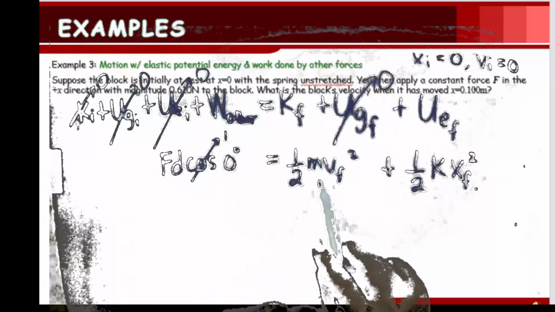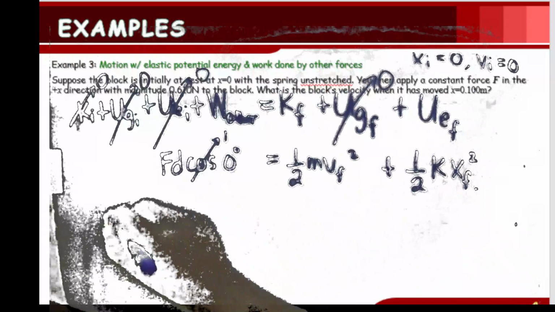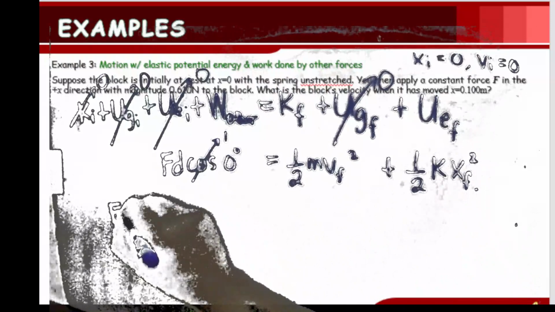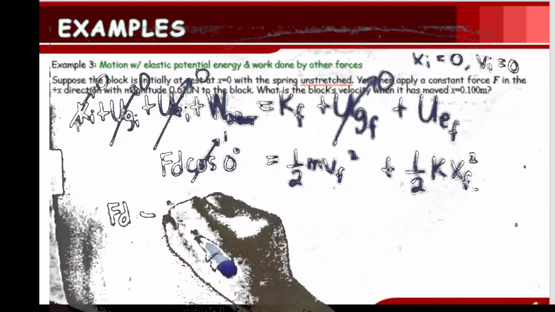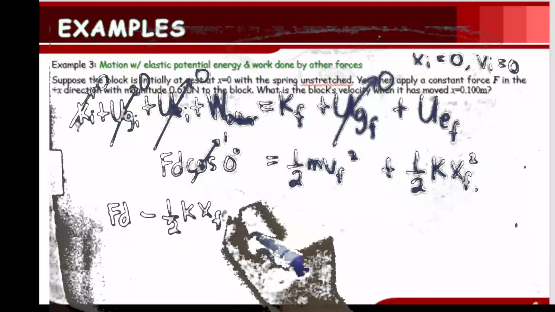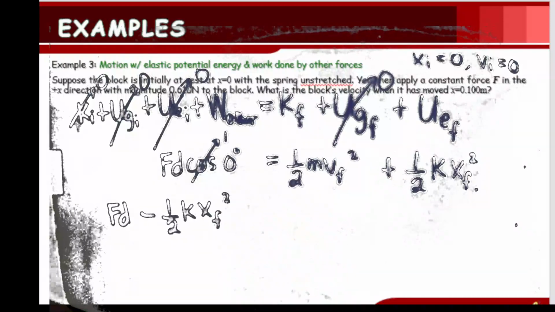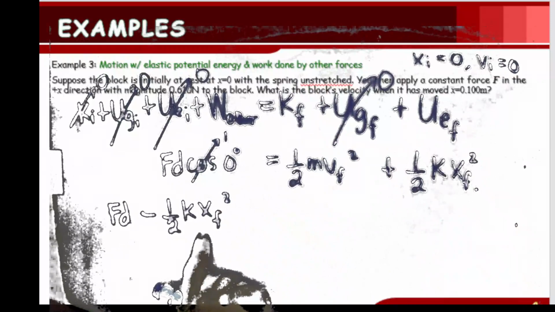Our target here is to find the final velocity, so we will have to transpose this term to the other side, and we will get F times d minus 1 half k x final squared. Again we transpose this to the other side of the equation.